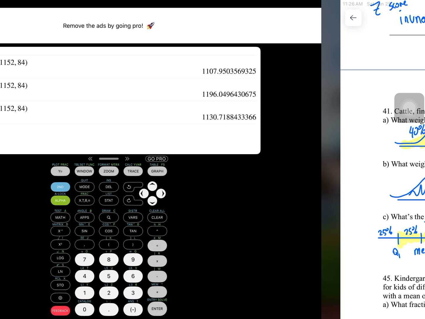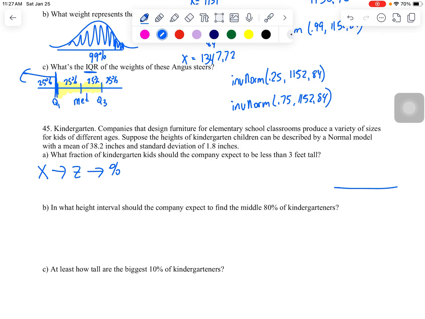Meaning, if we go back to this, if we look at the curve that's going to happen on this, there's our curve. Let's try again. A little bit better, not much. We have a mean of 38.2 and a standard deviation of 1.8. So if I come back 1.8, that's going to give us what?